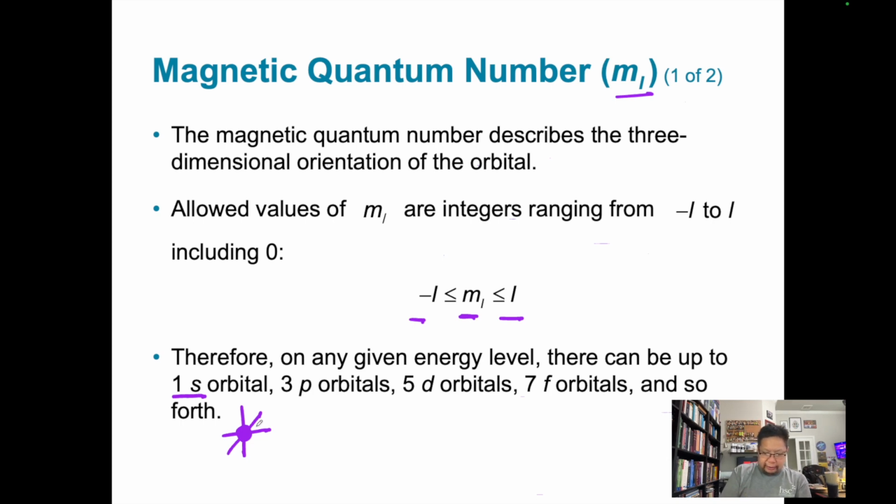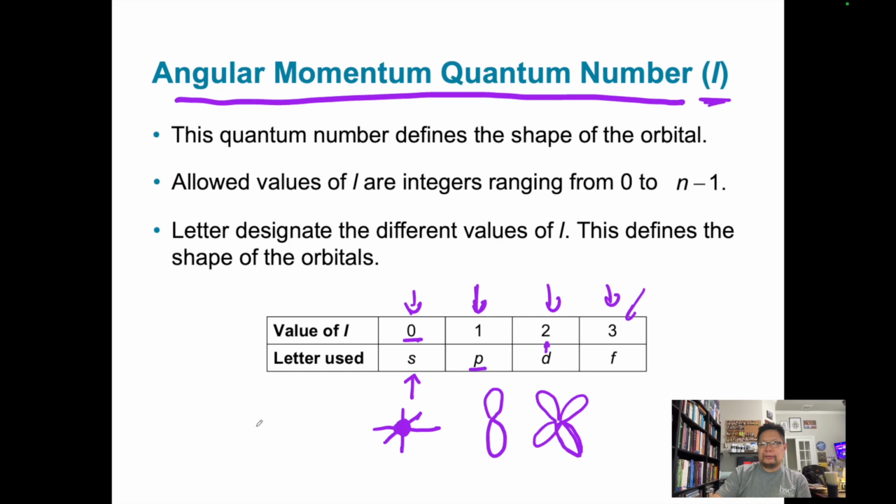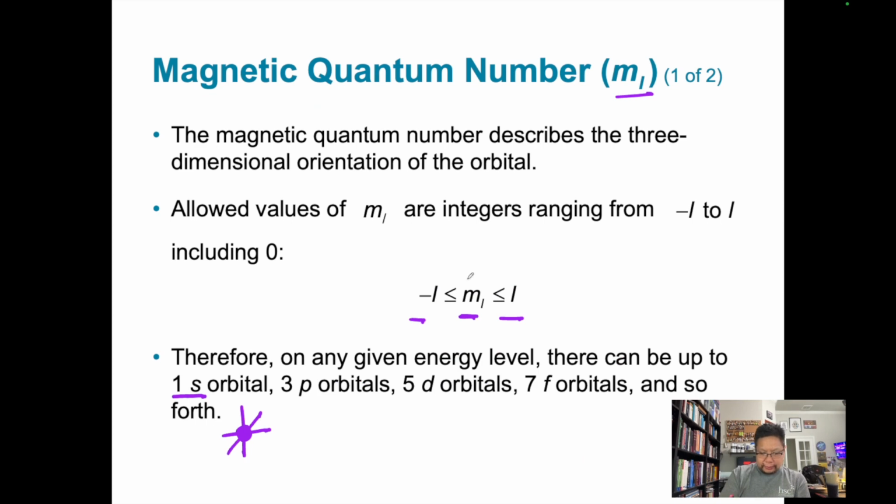Let's go back and look at the values of L. If L is 0, because the s orbital is 0, and we plug in 0 here, it says 0 is less than or equal to m sub l, which is less than or equal to 0.